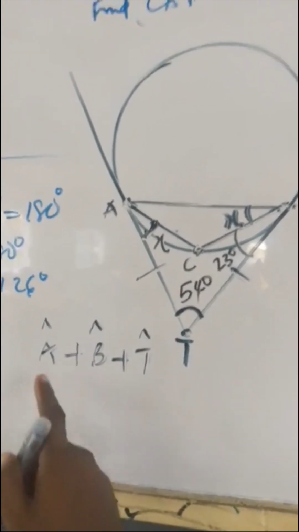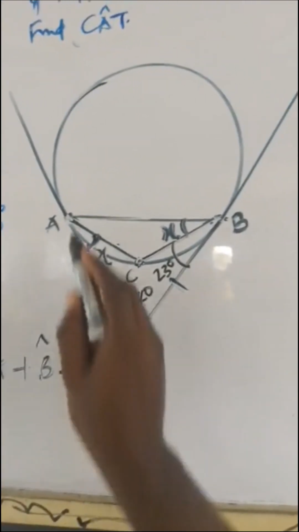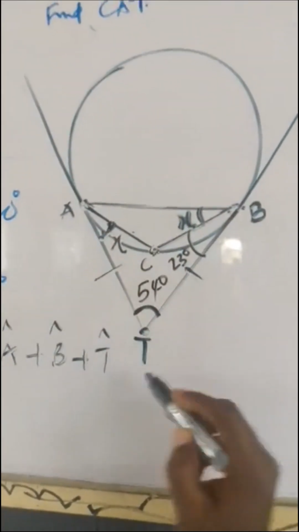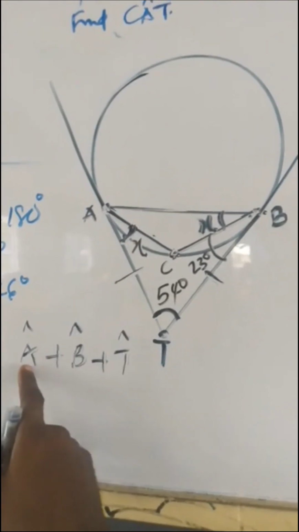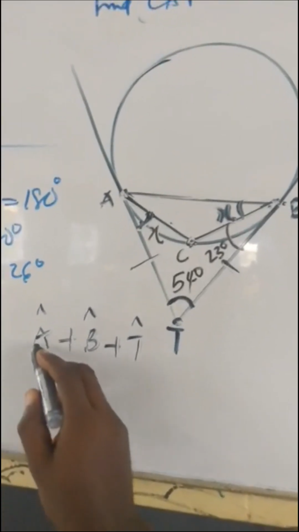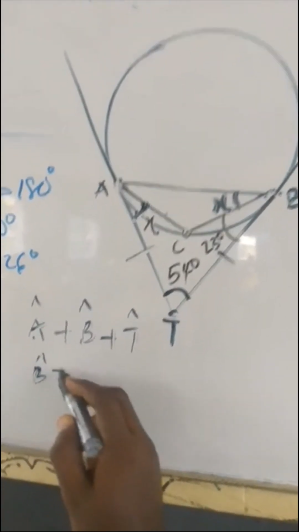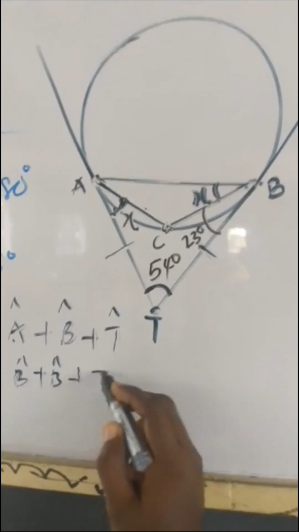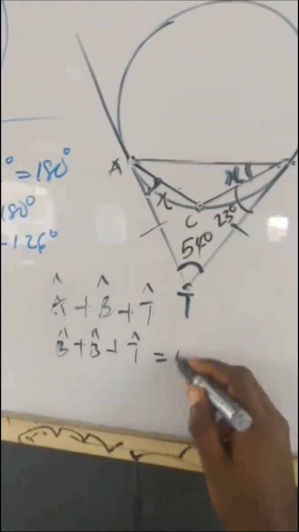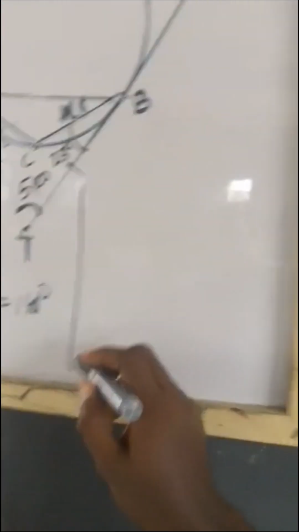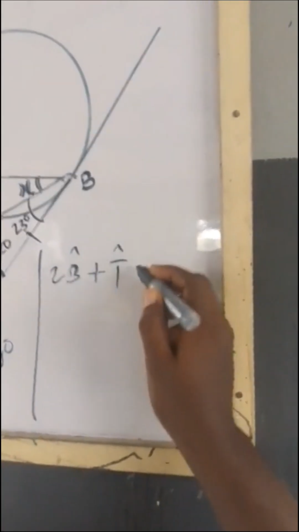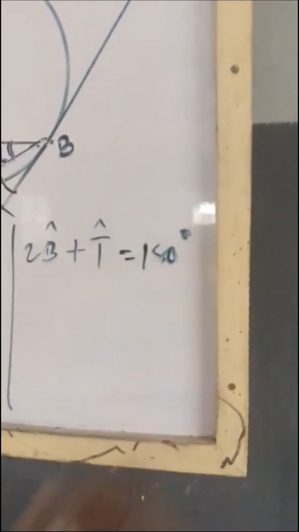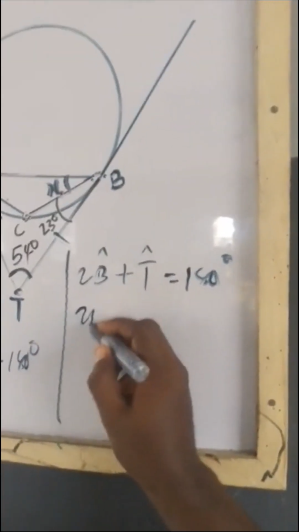So angle A and B must be equal because this triangle ATB is isosceles, since AT and BT are equal. So we can say angle A and B, since they are equal, I can call this angle A, angle B also. Angle B plus angle B plus angle T must give us what? So from here we can say 2 angle B plus angle T equals to what? 180 degrees.